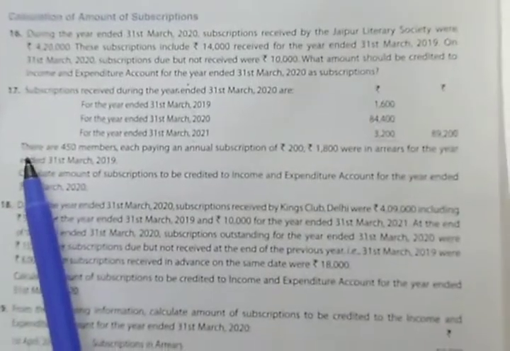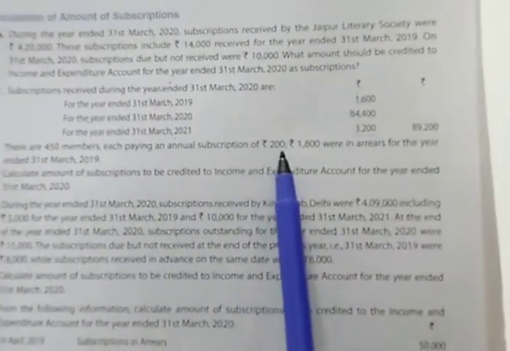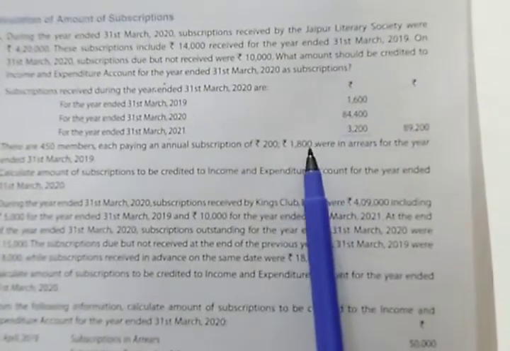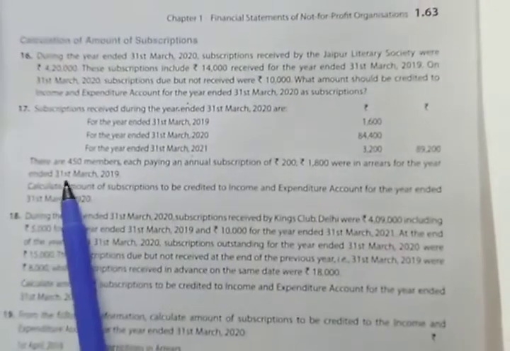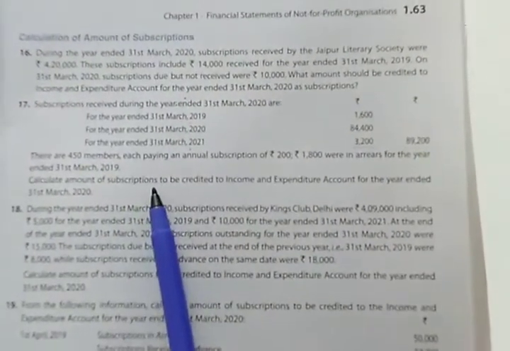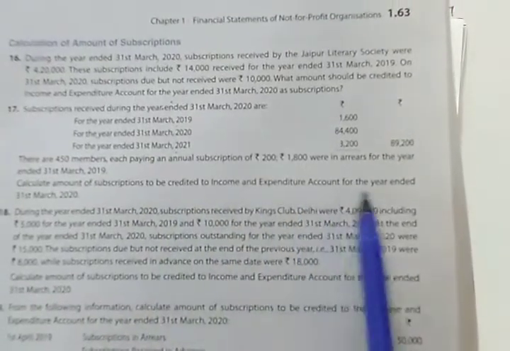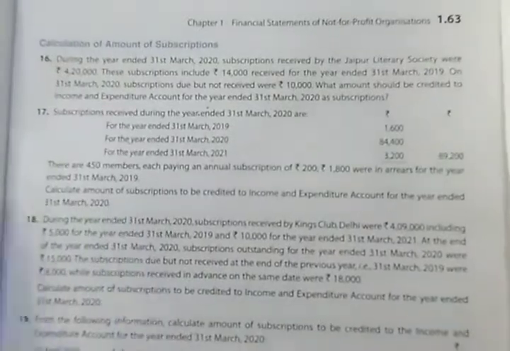And it is specially mentioned that there are 450 members, each paying an annual subscription of rupees 200. Rupees 1800 were in arrear for the year ended 31st March 2019, and you are required to calculate subscription to be credited to income and expenditure for the year ended 31st March 2020.